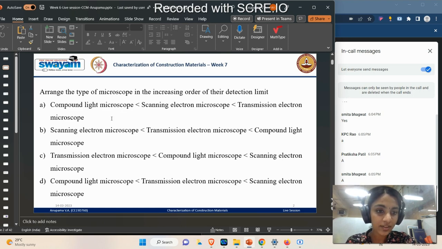I have received a few responses from KPC Rao, Pratiksha Patil, and Smita Bhagwat. All say A. Is there anyone else who would like to respond? So here the options are between scanning electron microscope, transmission electron microscope, and compound light microscope.